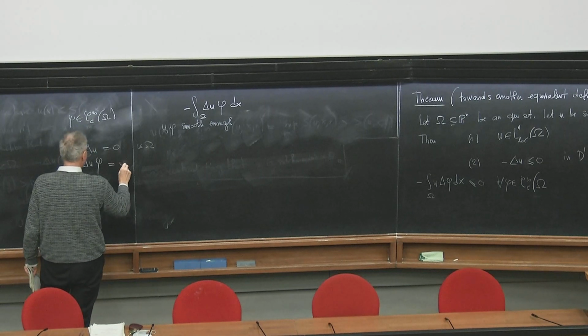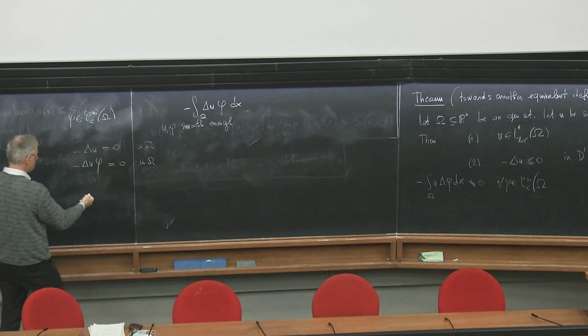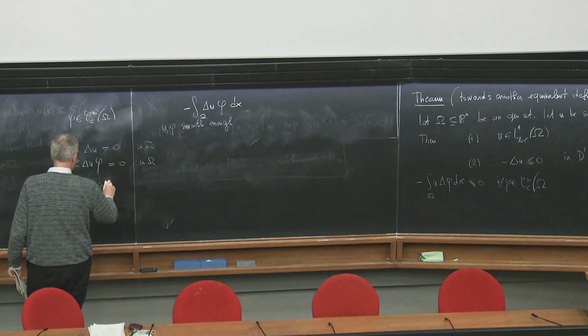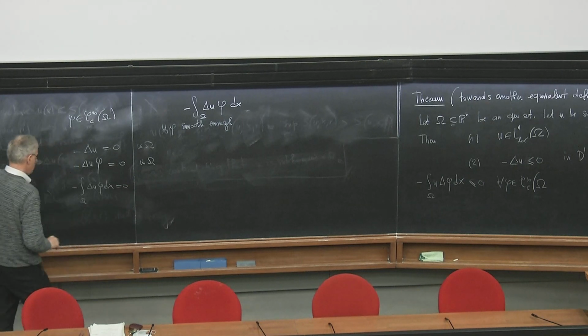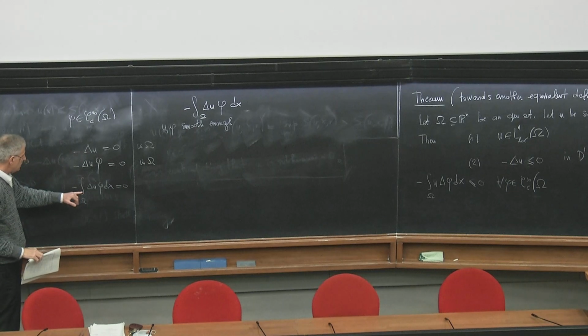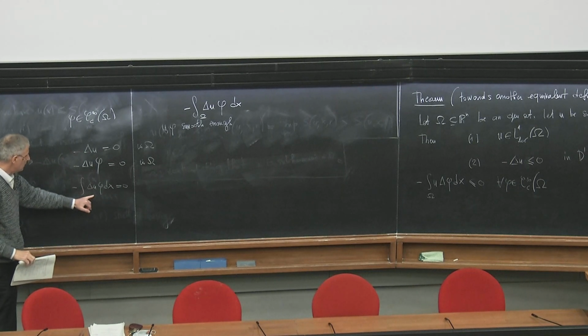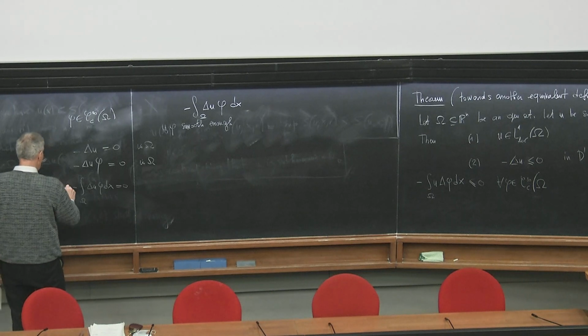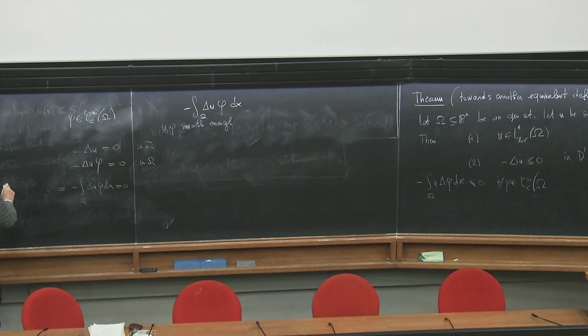So I multiply, and this remains true. Then I integrate over omega, and this remains true. Now this still involves two derivatives of u, and if u is not smooth, I can never write this. So I try to use integration by parts. What do I get? There is a change of sign, and then I have the scalar product.